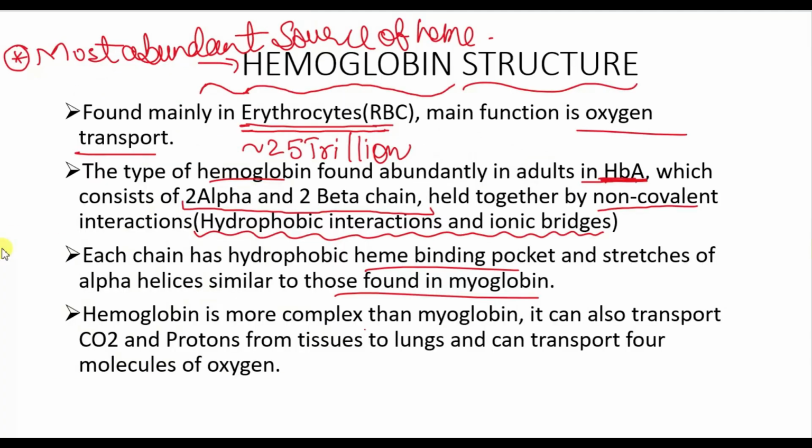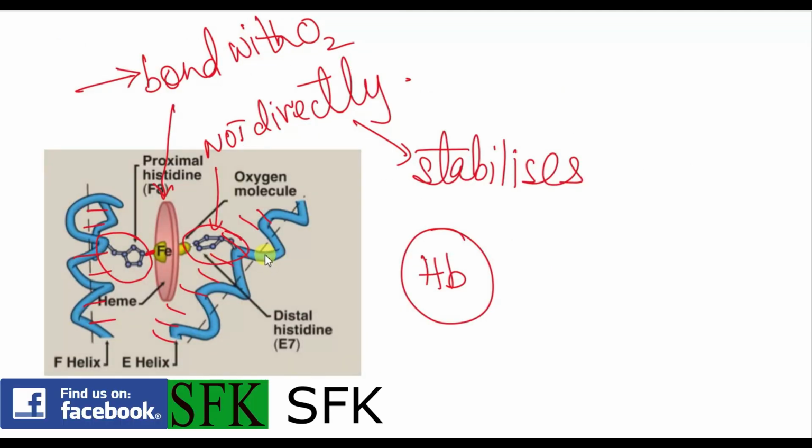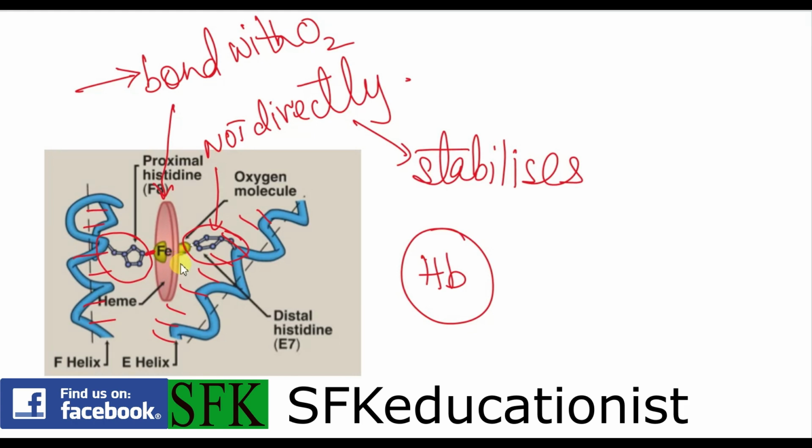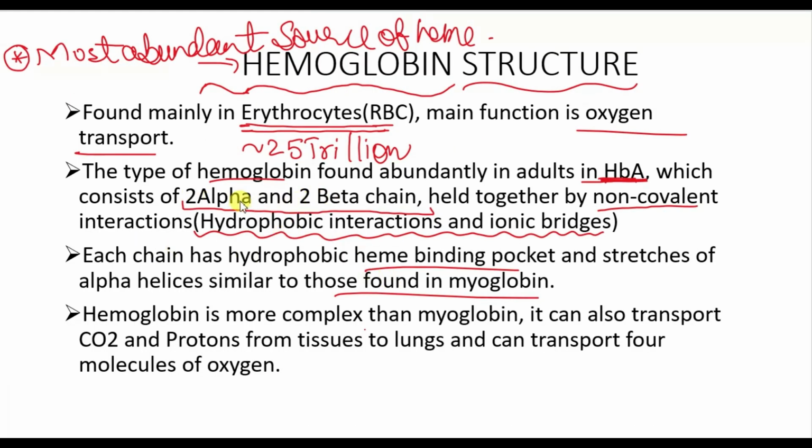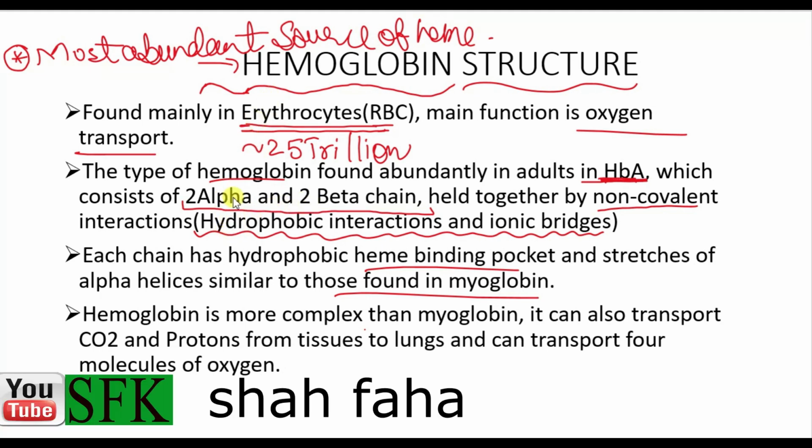A similar structure is also found in a hemoglobin molecule, but the difference is that myoglobin contains only one chain, so only one heme group is present, whereas in hemoglobin four chains are present, two alpha and two beta chains, so four heme groups are present as well, each chain containing its own specific heme group. Okay, and heme binding pockets are there.